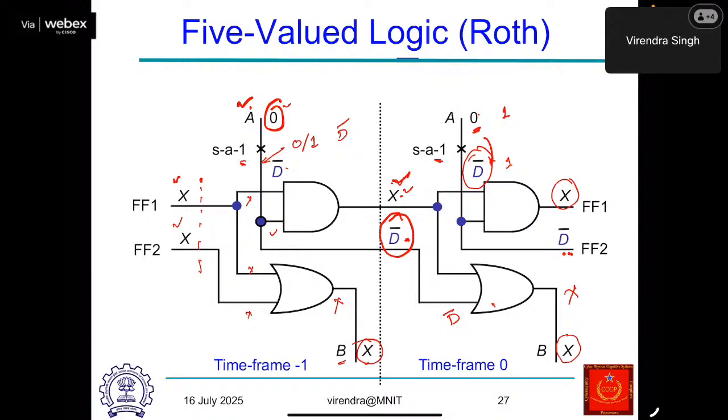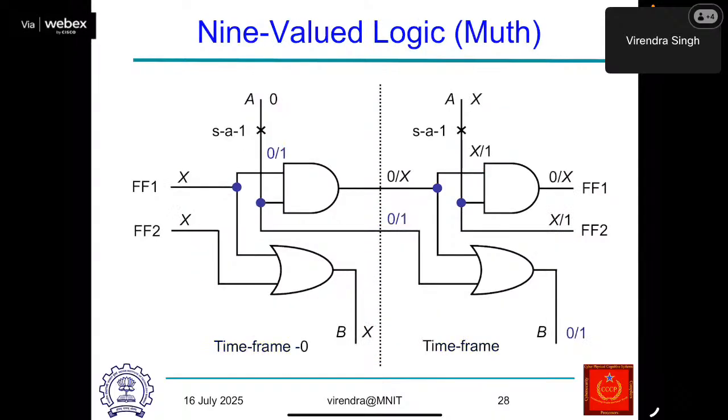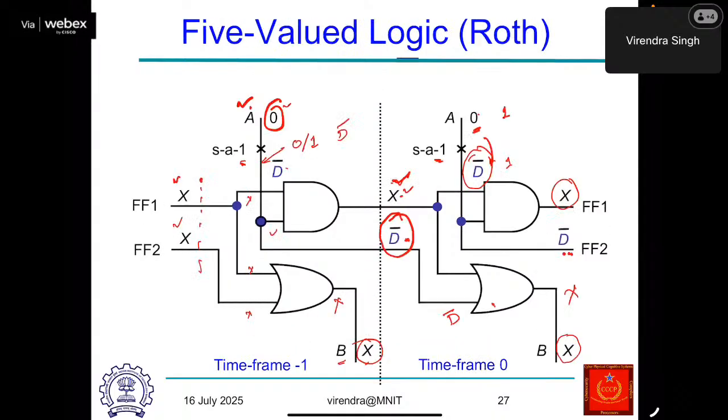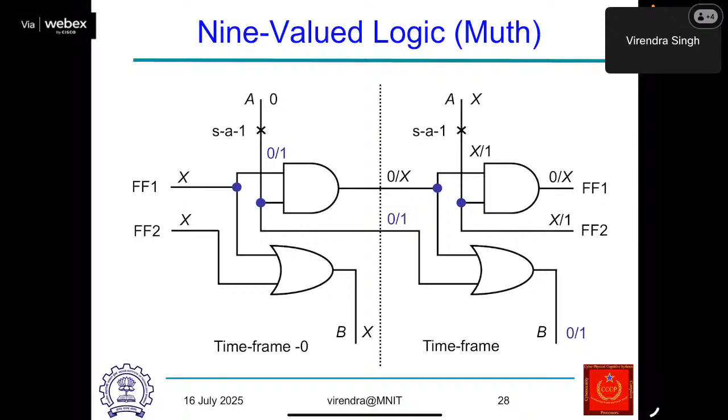Now, in place of the five valued logic, I can use the nine valued logic. Nine valued logic means I have all possibilities. Now, what those possibilities are: faulty is 0, fault free is 0; faulty is 0, fault free is 1; faulty is 0, fault free is X; faulty is 1.